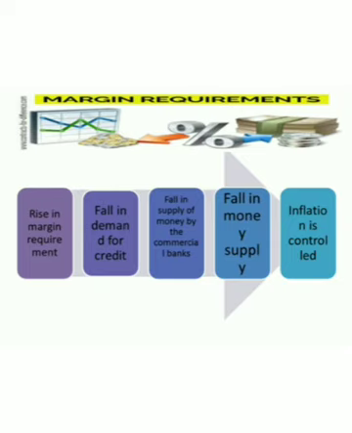Now, during inflation, this margin requirement is raised and the supply of money will be reduced because when margin requirement is increased, then people have to keep more security against the loan amount.